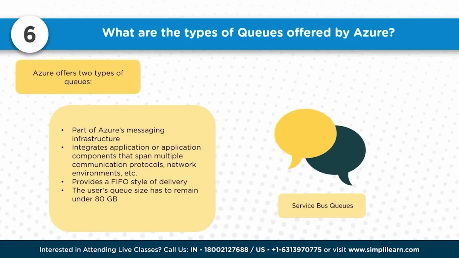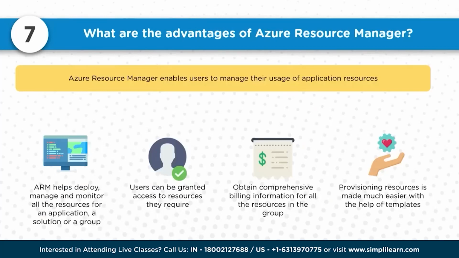So in short, the service bus queues in Azure are part of Azure's messaging infrastructure, and they integrate applications or application components that can span multiple different protocols and multiple different network environments. It also provides a first in first out style of delivery, and the user's queue size has to remain under 80 gigabytes. Another familiar question is, what are the advantages of Azure Resource Manager?